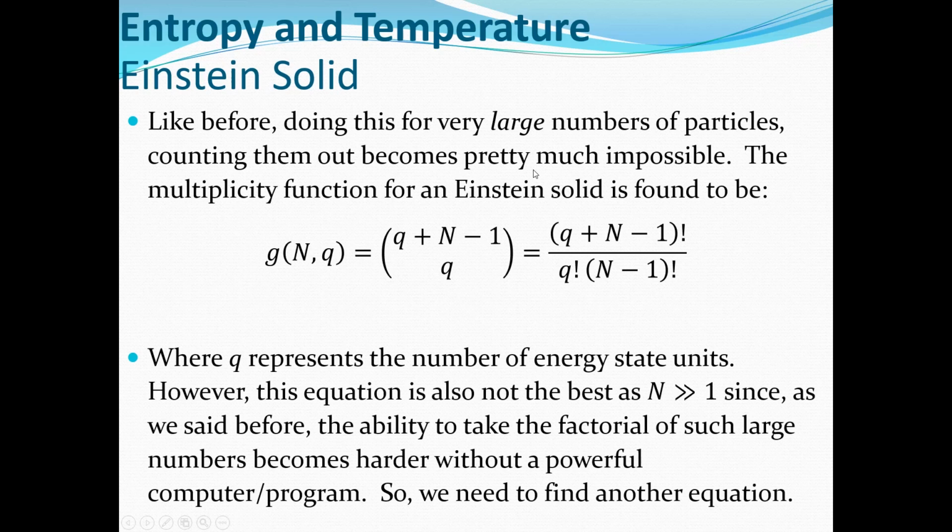As we said before, we're not going to be able to use this for large numbers of particles. We can use this for anything less than 50, but if n ends up being really large, like in most solids, we're going to have to simplify this and estimate it into some Gaussian form, which is where the Stirling approximation is going to come in.